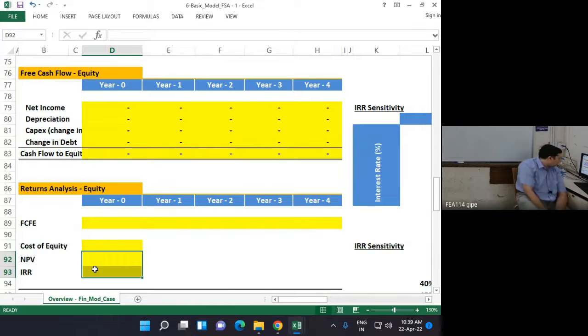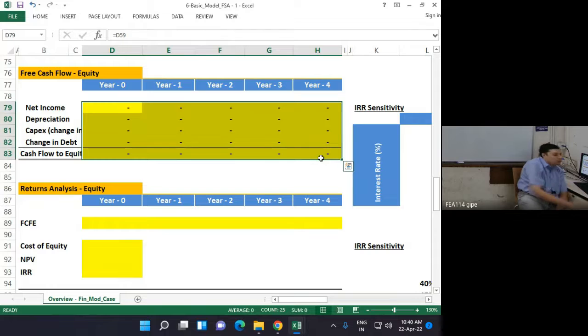Now, first thing everybody is to come to row number 79 and delete all those zeros. Select all those zeros and delete them. We will apply the appropriate formula there after we are done with the balancing of the balance sheet. Okay.